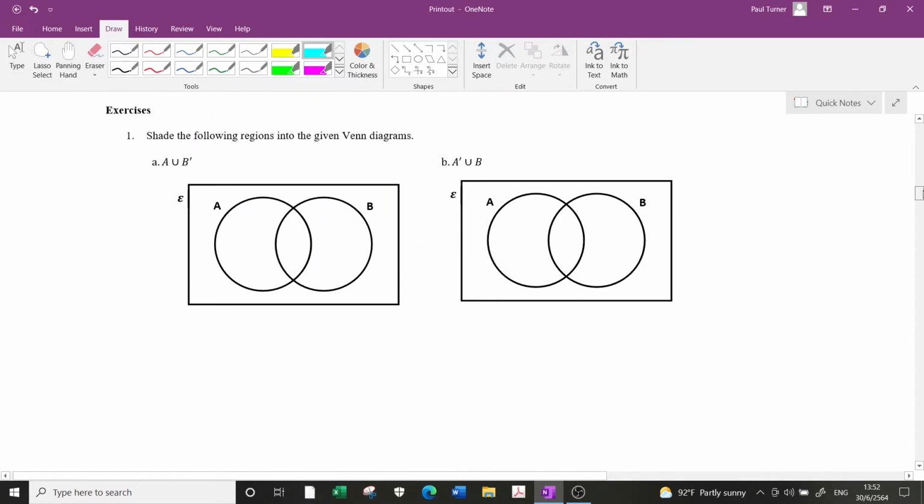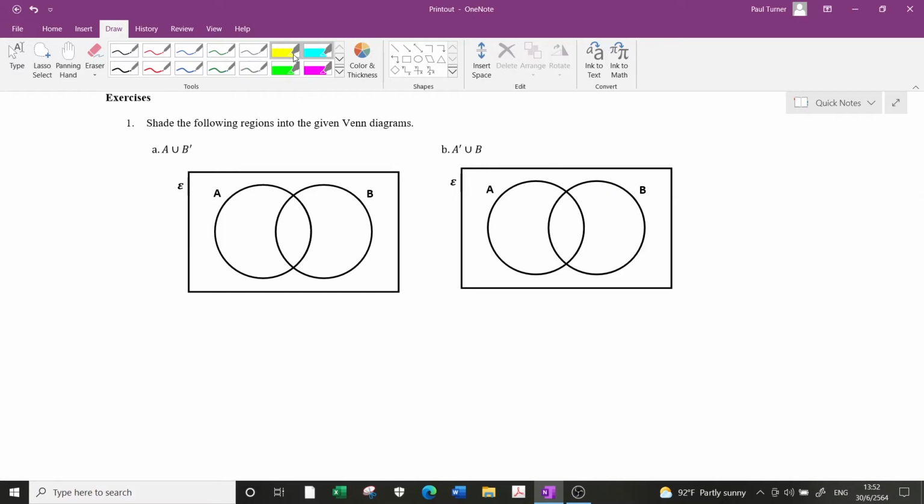Okay, here's a few exercises. As before, just go to shade your regions. So we can help with the first one. A union, not B. So A is here. Union with not B. So color all of not B in, like that.